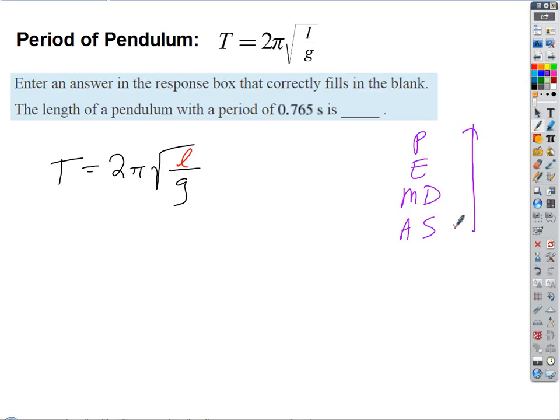Loose addition or subtraction means addition or subtraction outside of parentheses. None of that. Next step is undo multiplication or division. Well, we're multiplying the radical by 2 pi, so we've got to divide both sides by 2 pi, right? That leaves us at the point T over 2 pi equals the square root of L over g.